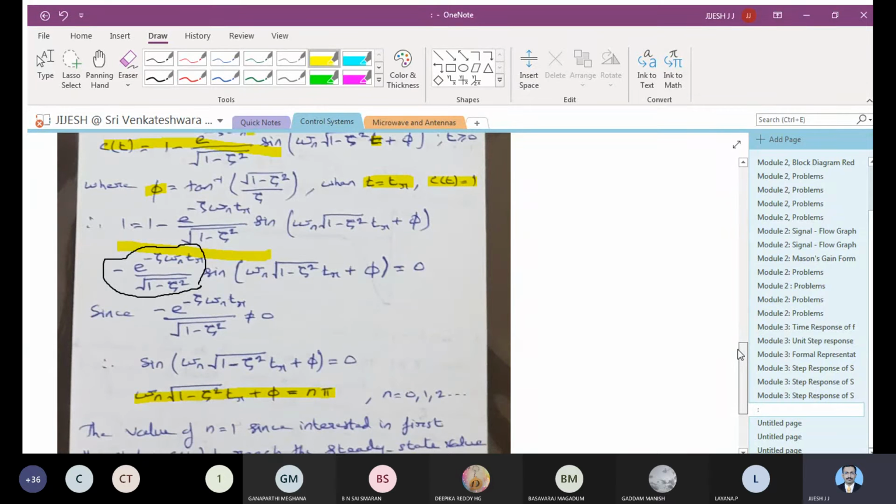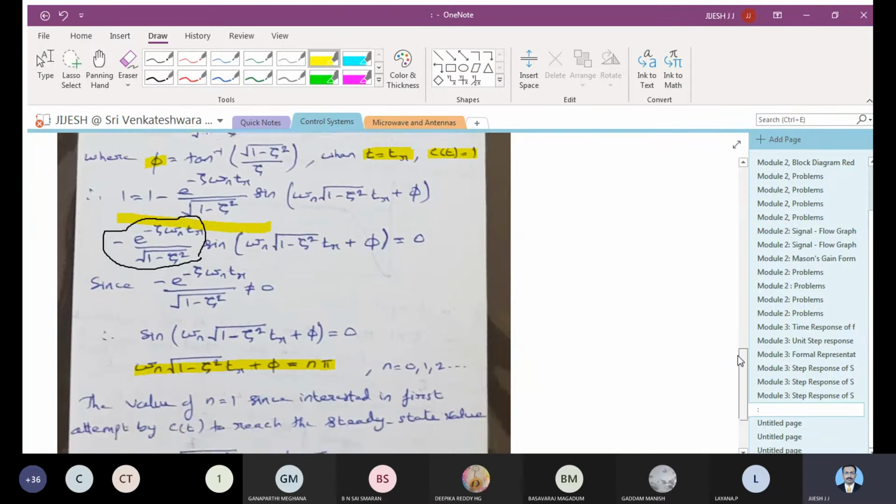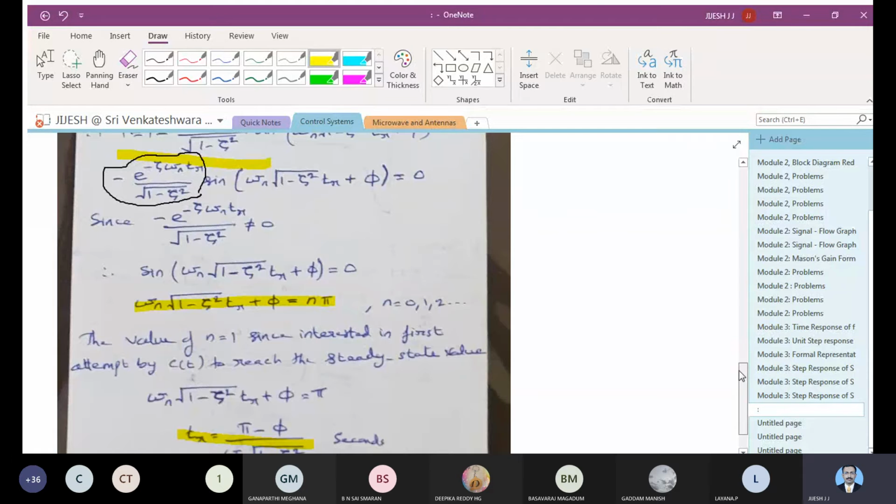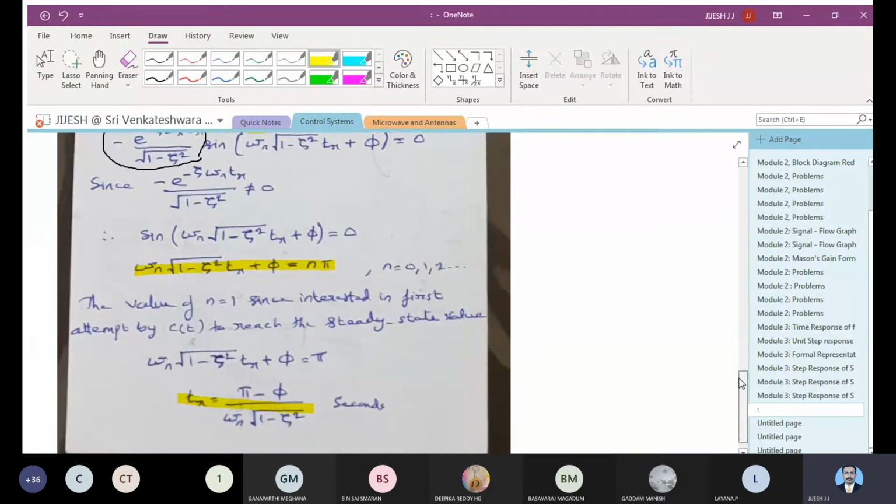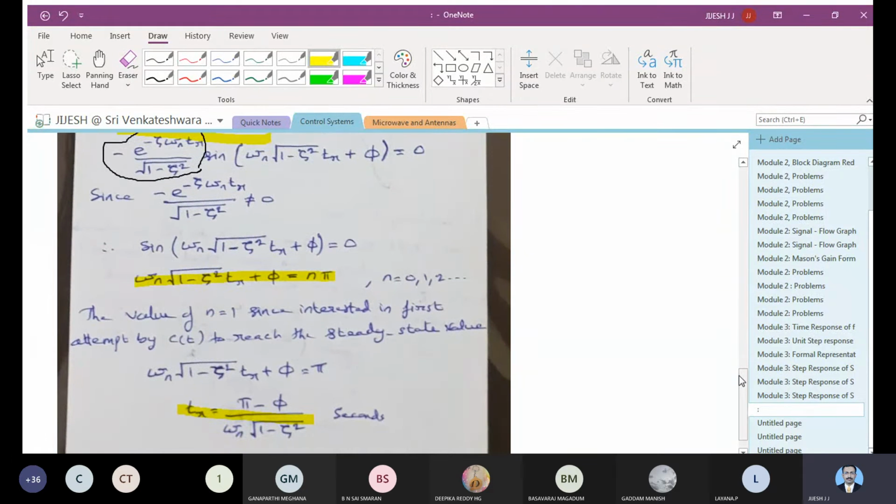The e to the power of minus term cannot be equal to 0, so the sine of the angle should be equal to 0. So you equated it to n pi, and finally simplified the equation. You got tr equal to pi minus phi divided by omega n root of 1 minus zeta square. Is it clear for everyone?